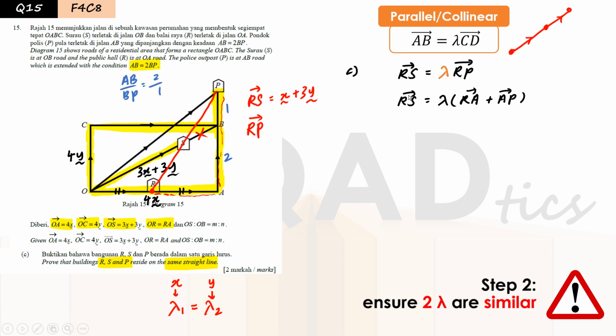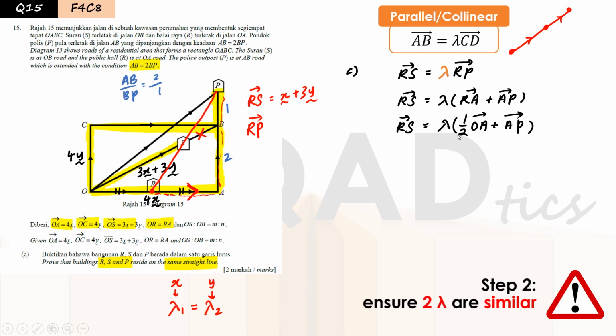RS we already have, which is one. RA we need to calculate a bit. RA is actually half of this line, so for x we need to divide by 2, which means OA we need to divide by 2. And here we don't need to put a negative because RA has the same direction as OA. All of them are going to the right side, so this time there is no negative.